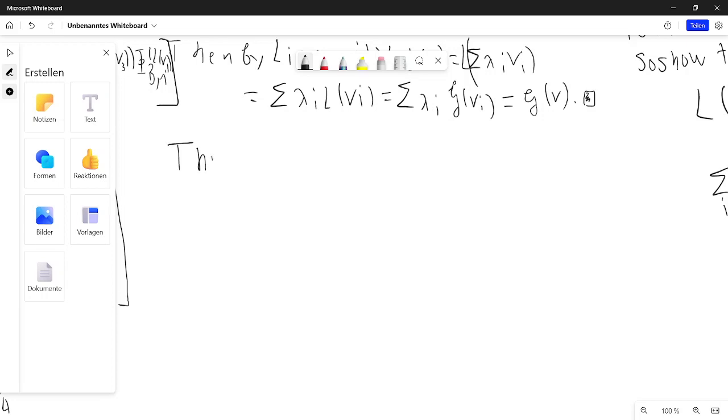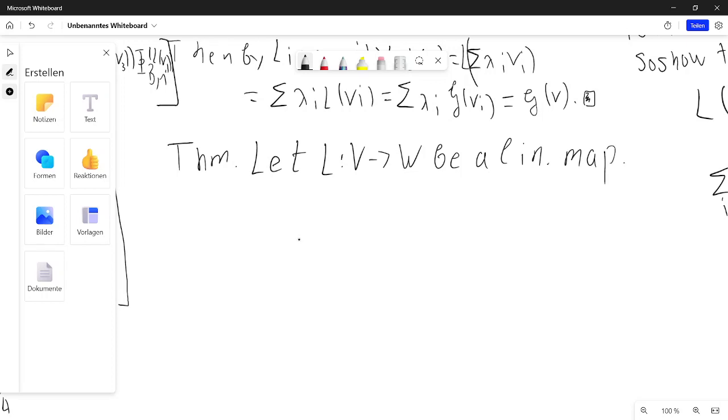Theorem. Let L: V to W be a linear map. Let dimension V be equal to n, so in particular it's finite.